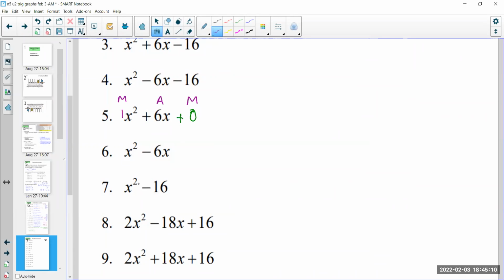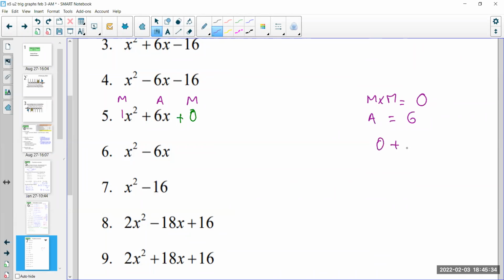I'm looking for two numbers. If I times them, I get 1 times 0. What's 1 times 0? 0. And if I add them, I get 6. You can only get two numbers timesing each other to give you 0 if one of them is 0. So one of them will be 0.